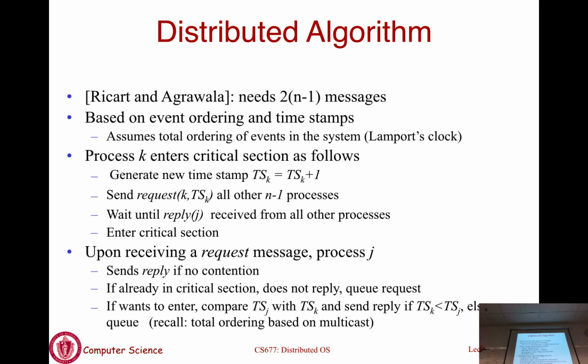In this case, you are going to grant the lock in logical timestamp order, because we assume you are doing total ordering. So, you say who asked for the lock first? Let us use logical timestamps to figure out the order it was asked, and we will grant it in that order. If I and J are competing, if I's request has a lower timestamp, I will let I win. If my request has a lower timestamp, I am going to win. Depending on which of the two cases is true, you will either send a reply or you will queue the request.